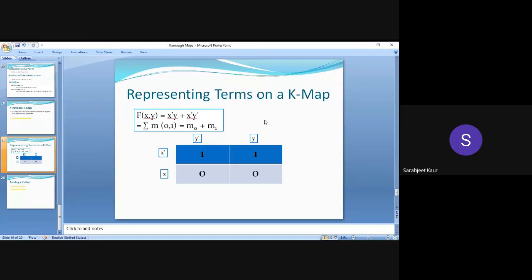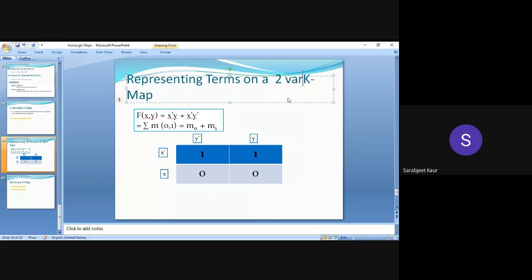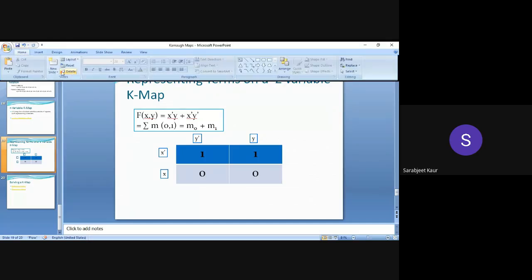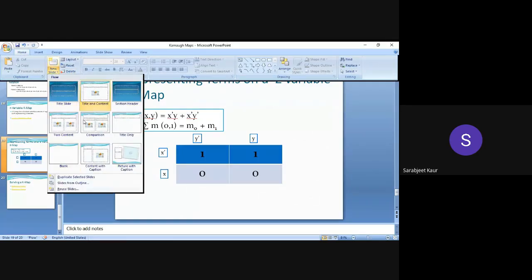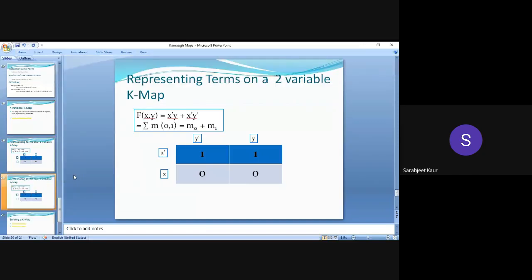Let us see how to represent terms on a three variable K map now. So now how many squares will I have? 8.